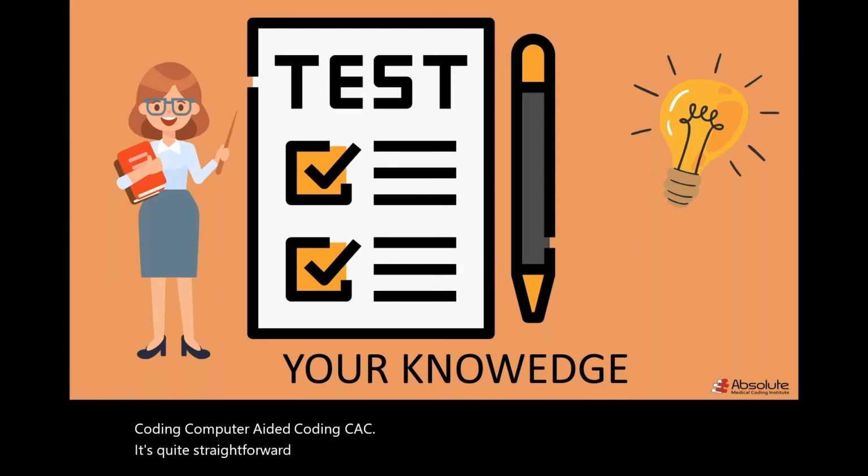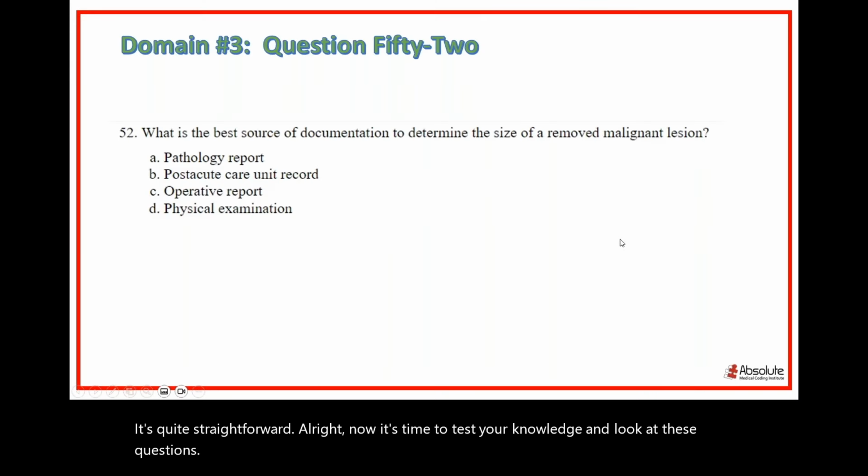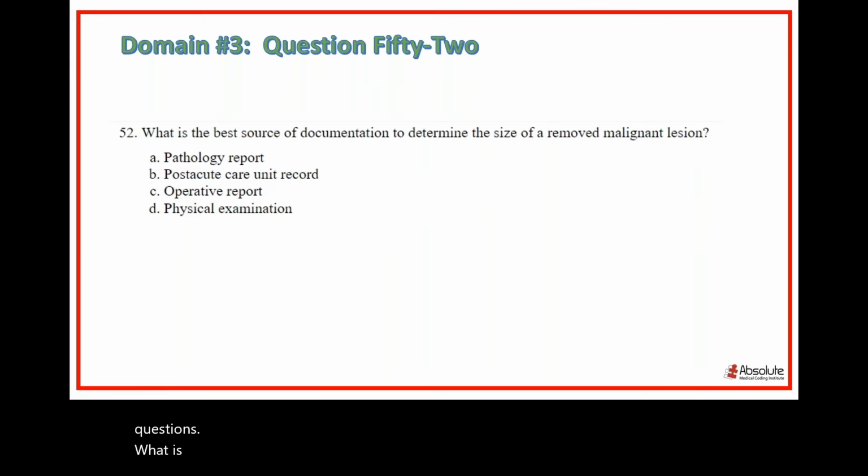All right, now it's time to test your knowledge. And look at these questions. What is the best source of documentation to determine the size of a removed malignant lesion? A, the pathology report.